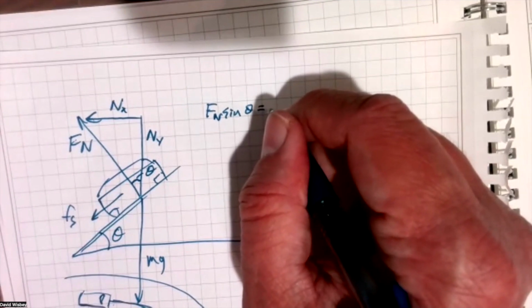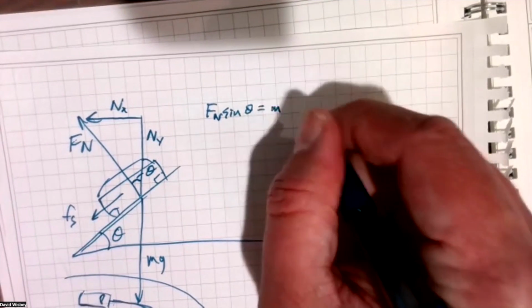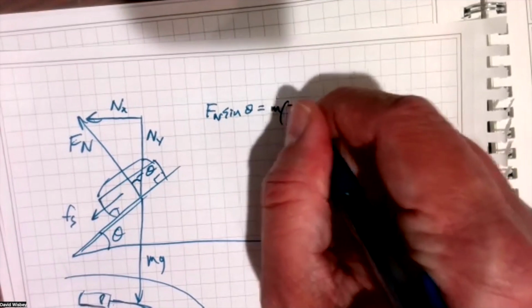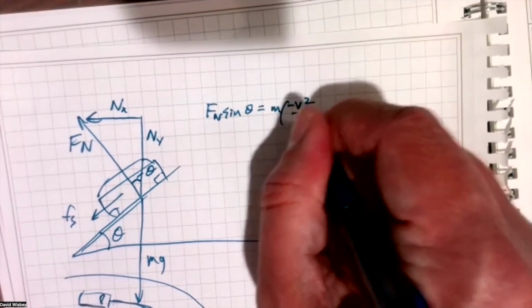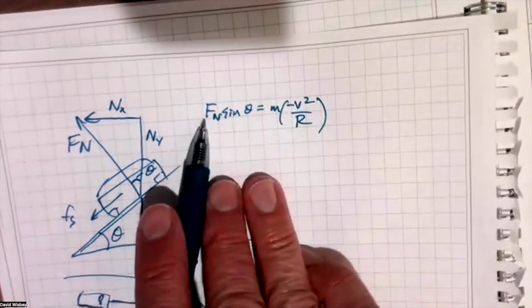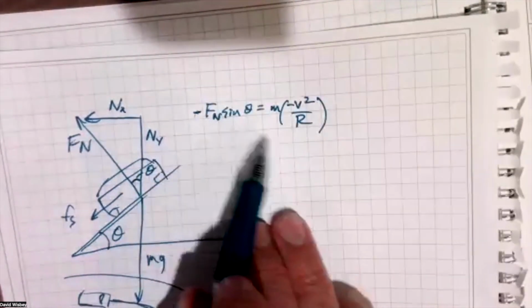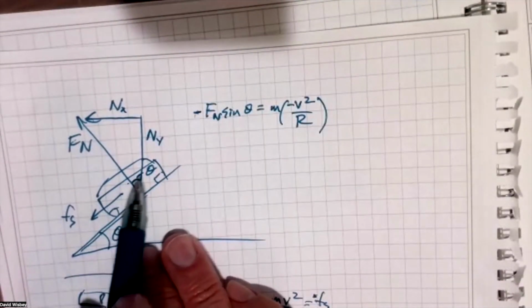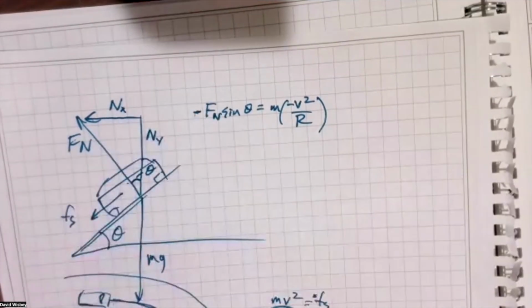Okay, so let's see what this force is equal to. Okay, so this is m times minus v squared over r. Okay, and so this is basically my force here. Okay, so it's pointing towards the center, and that's a component of the force up here.